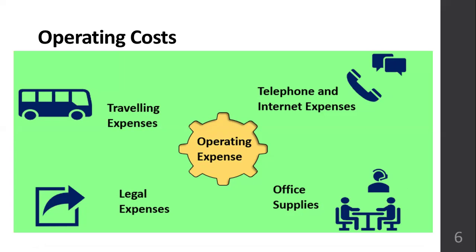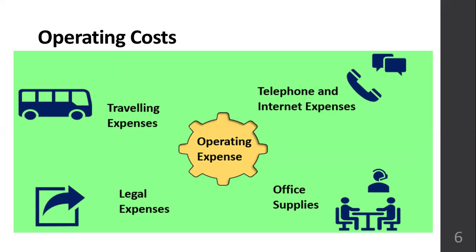Every department will require petty cash for small trivial emergencies. You don't have to go and ask the financial manager or the accounts department for petty cash. Instead, every department will have its own petty cash limit. So that is the operating cost.